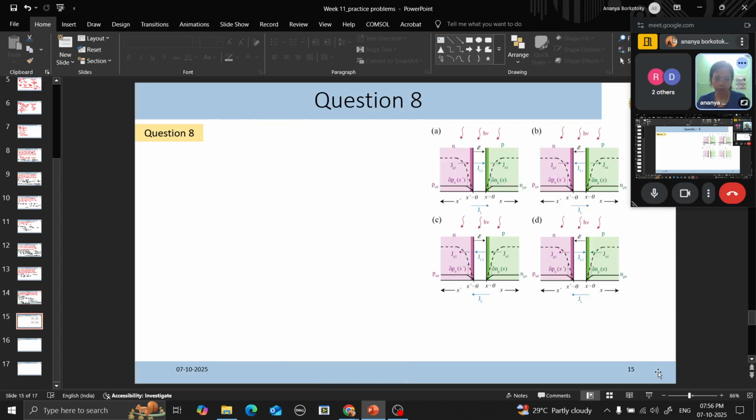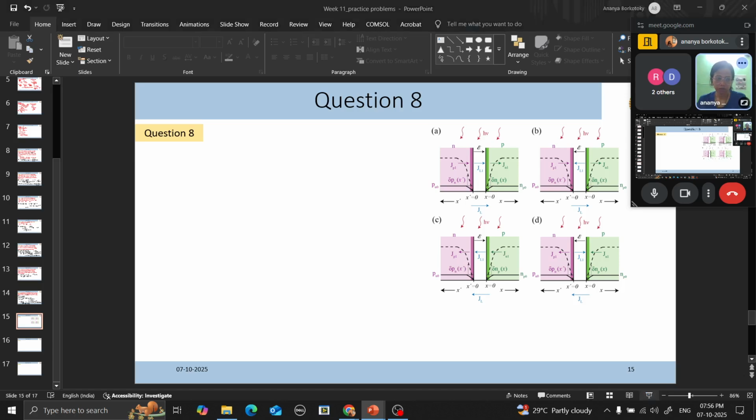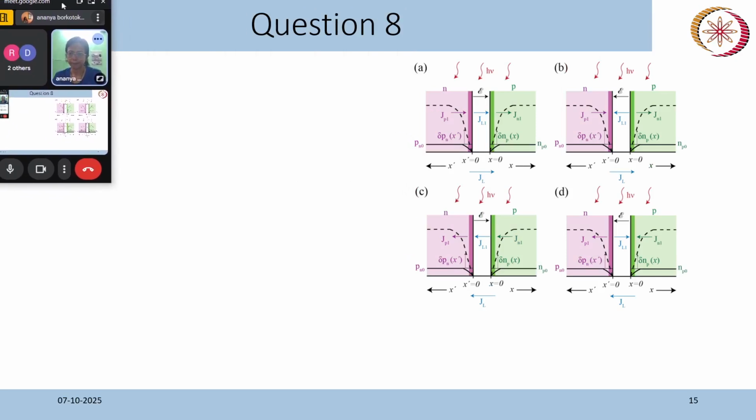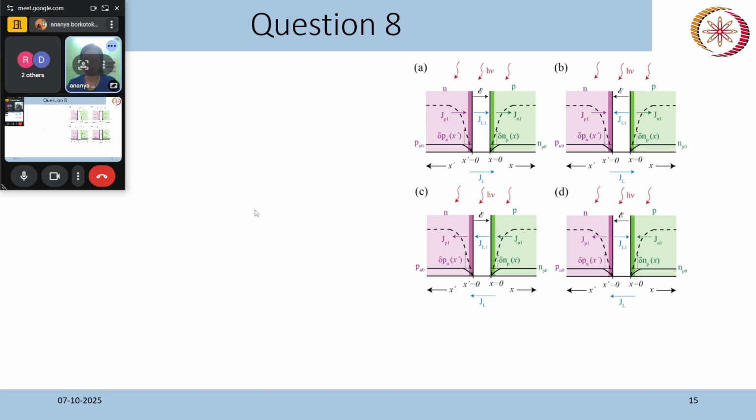Still one more question. So this graph is given. So this is for a... this has, so let me write down the question.